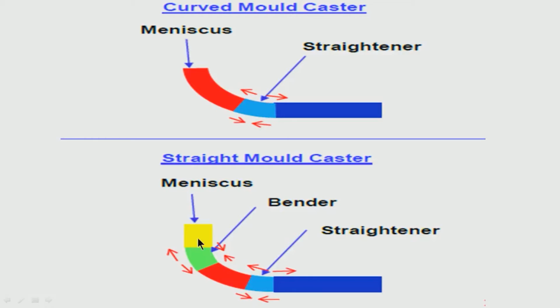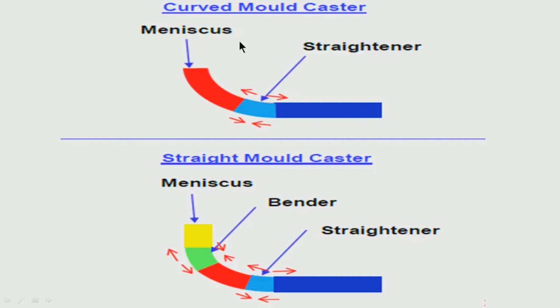Whatever inclusions are there will be relatively uniformly absorbed in the solid shell. But here, certain areas of the solid shell near the inner radius have a possibility of getting more inclusions. So from the quality point of view, the vertical mold is better, and this curved mold is not good, it is undesirable.